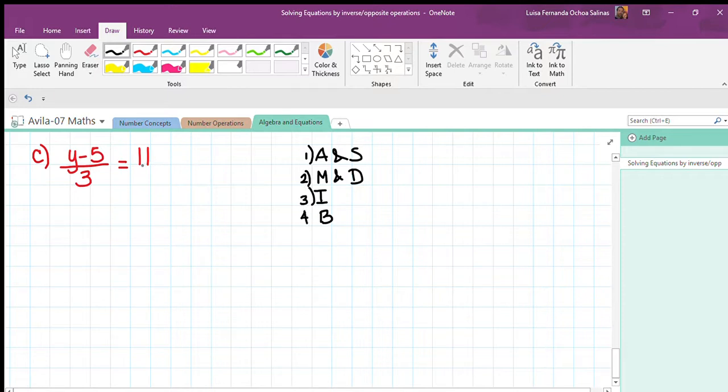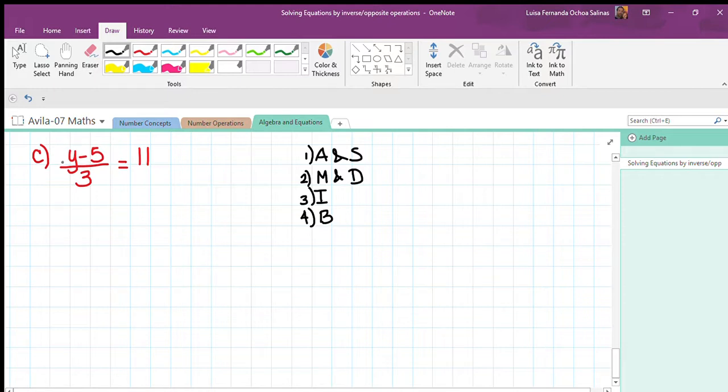Fantastic. So if we look at this equation that we have here, it looks like the first thing that I could do was addition and subtraction because I have a takeaway 5 here. But what happens is that here I have an implicit bracket. It's a bracket that you cannot see because this 3 is affecting both y and take away 5.